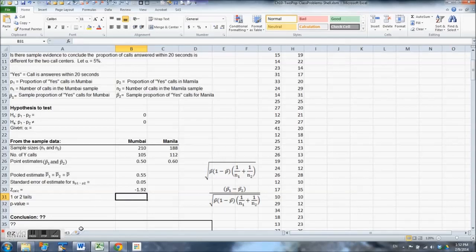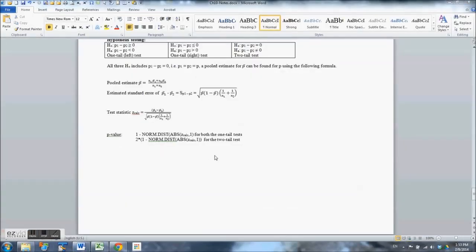For the p-value, we need how many tails there are in the hypothesis, and this is a two-tailed test. So the p-value formula for a two-tailed test is, here is the two-tailed test formula, 2 times 1 minus the norm dist formula.